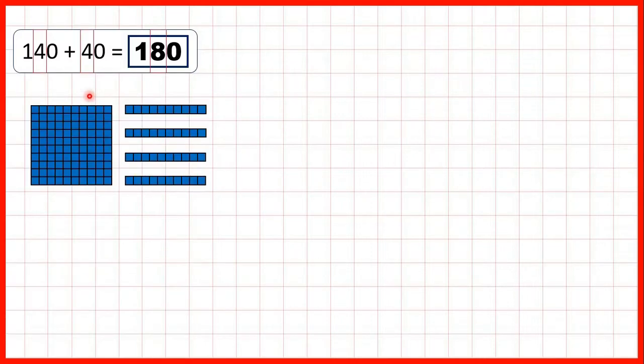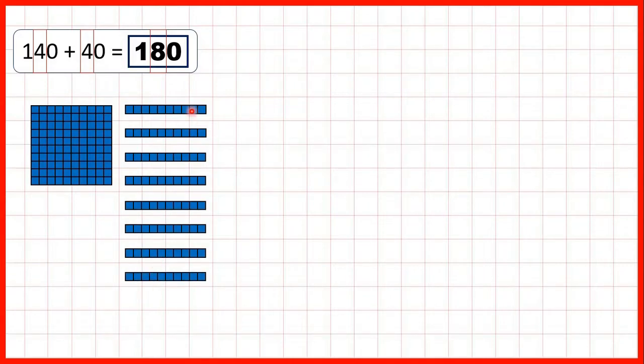So let's take a closer look at these questions, and show base 10 blocks so that we can see what's happening. For this first question, we started with 140, so 1 hundred and 4 tens, and we were adding 40, so if we add 4 tens, that gives us 8 tens, we still have our 100, and we still don't have any ones.